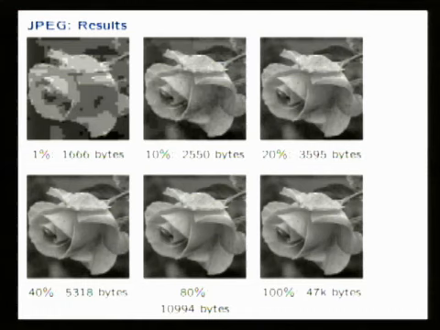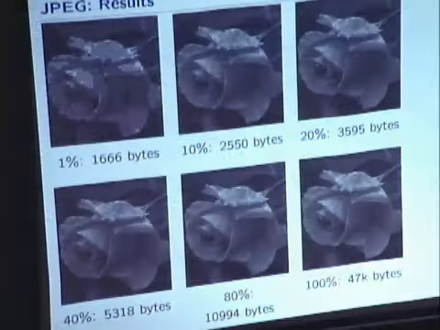So here's an original. This picture has 447 kilobytes of data in it. And when you change Q, the quality of JPEG, what you're really doing is choosing those tables. So when you use a high Q, you get a good representation. When you use a low Q, you're throwing away more data.